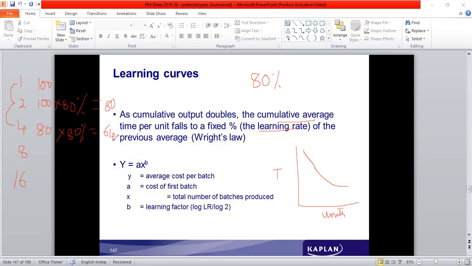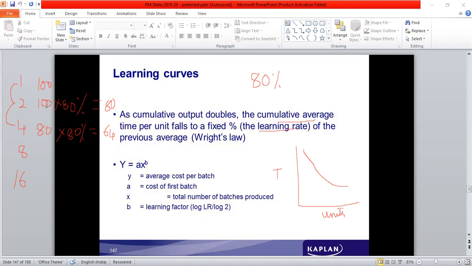Then it goes on, 64 into 80%. So whatever the time, it reduces in that particular fashion. Initially it took 100 minutes, then 80 minutes, then 64 minutes, and 64 into 80% is 51 minutes or something. So it goes on reducing like that. That's the concept of a learning curve.